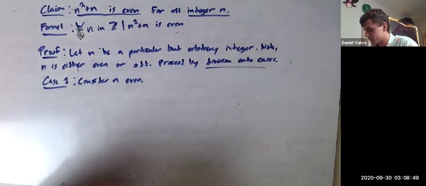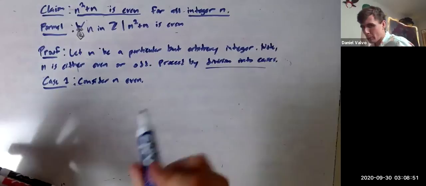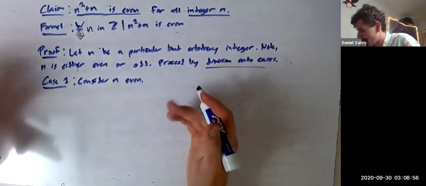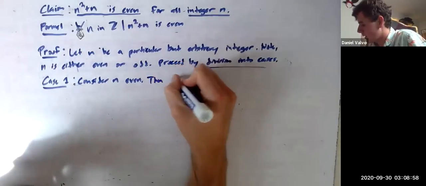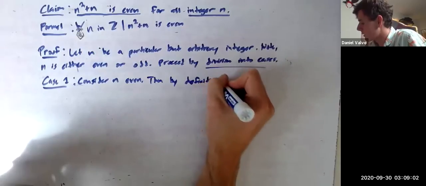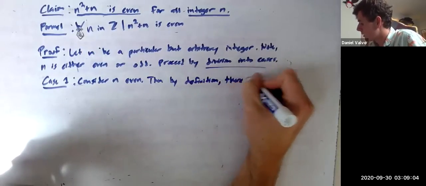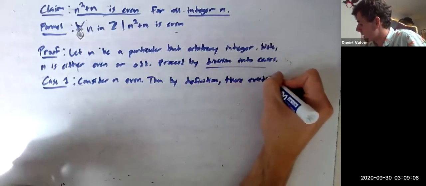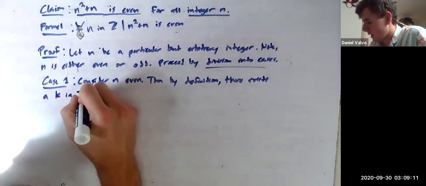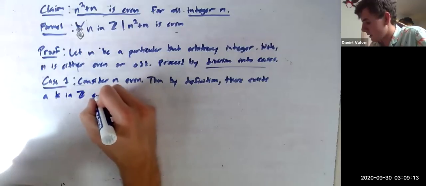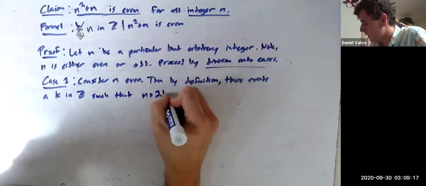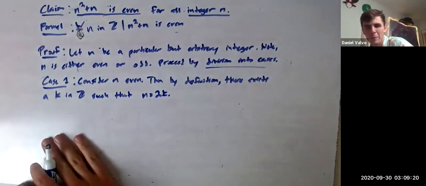So we don't need to write any of that though. So case 1, consider n even. What do we say if n is even? Then by definition of even, there exists a k in Z such that n equals 2k, right?